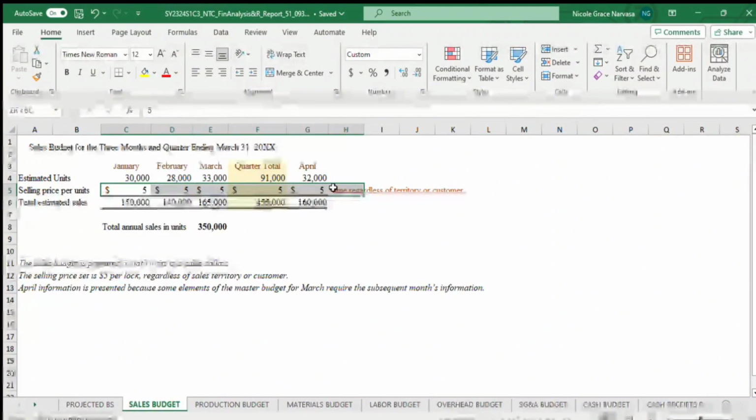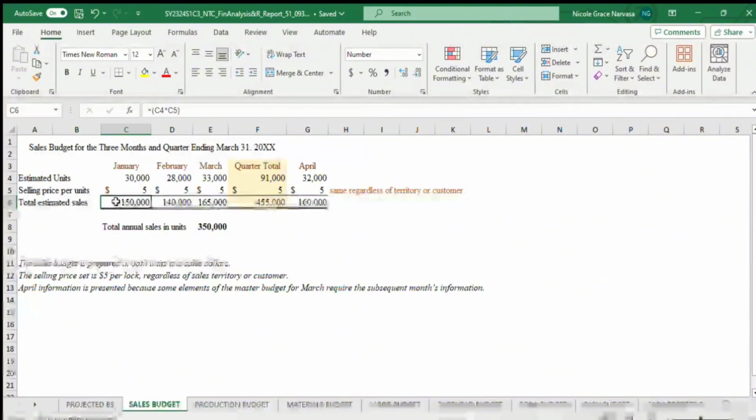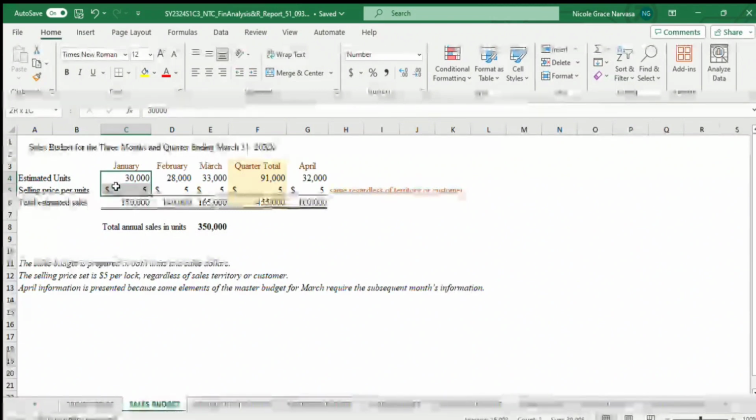And for total estimated sales, how do we get this total estimated sales? We multiply the estimated units by selling price per unit. Example for January, 30,000 times $5. And that's how we get the total estimated sales.